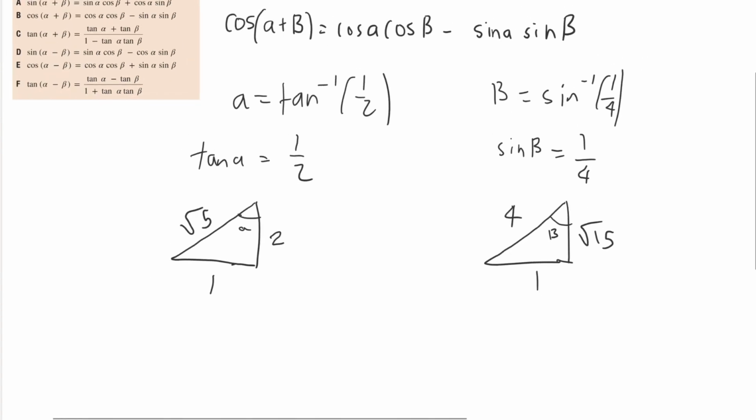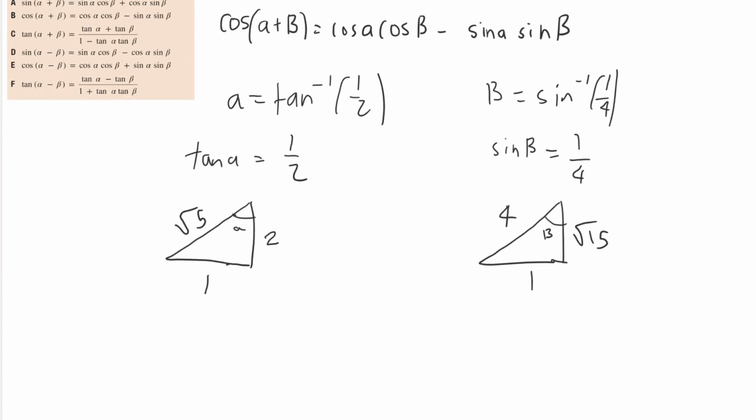Okay, now that we have those triangles, we want to find cos alpha, cos beta, sine alpha, sine beta within those triangles. For cos alpha, we go to our alpha triangle here, and cos is adjacent over hypotenuse, so therefore cos alpha is 2 over root 5 times cos beta, which is, we go to this triangle here, adjacent over hypotenuse, so it's root 15 over 4.